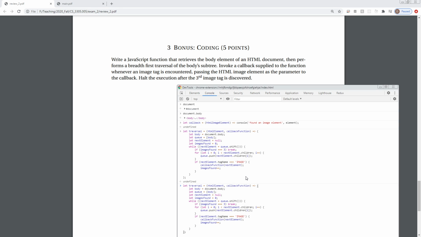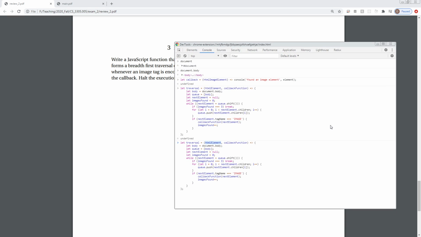So already I can see that there's room for improvement here. The way we defined it, we didn't actually need to accept an HTML element because we were using a breadth first search. We didn't need the recursive nature of that, and in fact we explicitly grabbed the body element.